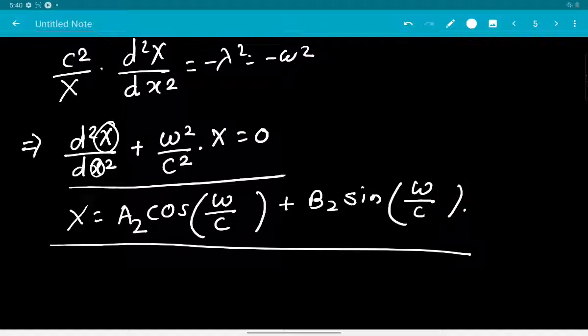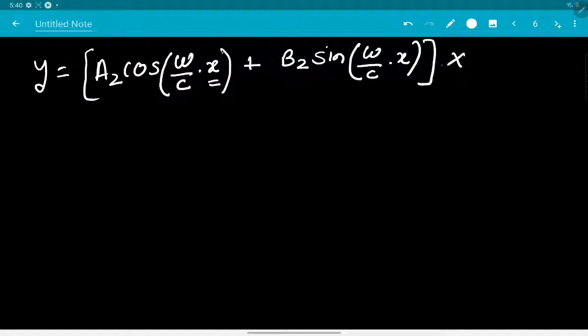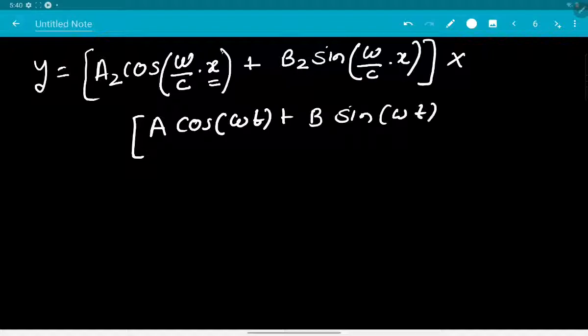This is not a function of time, this is a function of space, which is X. So it has to be X over here, plus B2 sine of omega by c into X. This whole stuff is multiplied by A cosine of omega t plus B sine of omega t. Okay, so this is the expression of y.